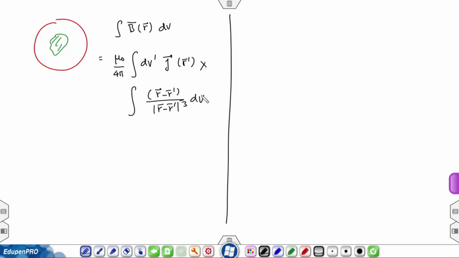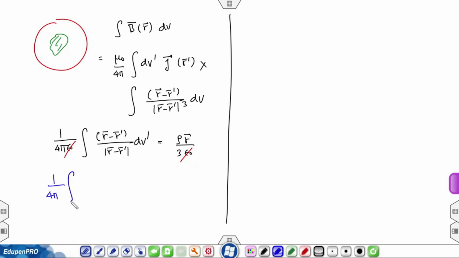And I have just told you that for r prime being inside, I have 1 over 4 pi epsilon 0 integration (r minus r prime) over |r minus r prime| cubed dV prime is equal to rho r over 3 epsilon 0. I can cancel this epsilon 0, and I get 1 over 4 pi integration (r minus r prime) over |r minus r prime| cubed dV prime equals rho r.